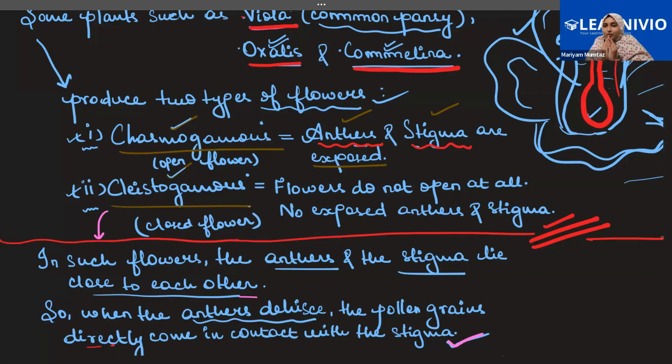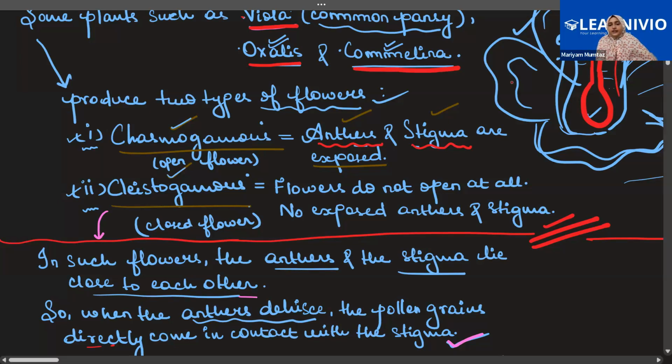Which kind of pollination will take place in them? The closed flower. Autogamy or self-pollination. Very good. Now see, all those flowers that are closed, meaning their anthers and stigma are not exposed and the flower is closed, we call them cleistogamous. Okay. All right. Now you note down till here.